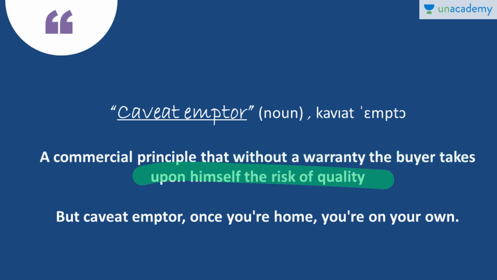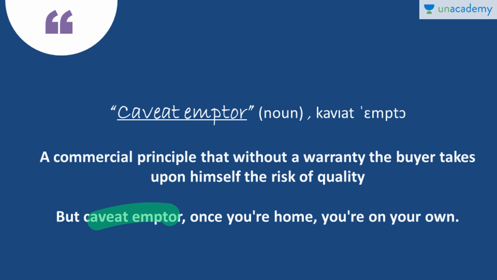The example sentence which I have for caveat emptor is: but caveat emptor, once you are home, you are on your own. That's a very well said example, and it itself looks like a phrase. Here I'm talking about caveat emptor, a commercial principle that if you buy anything without a warranty, then you will have to take the risk of its quality.